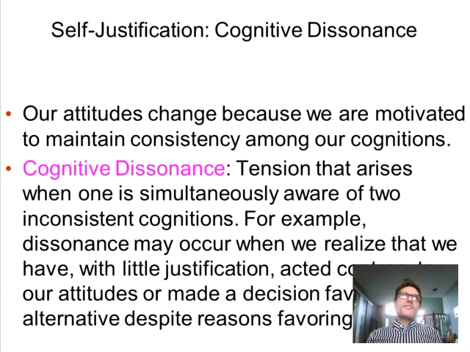Cognitive dissonance. I like to think about this kind of like drive theory that we talked about in the motivation topic. Remember, in drive theory, we have some kind of an internal system where we make a comparison. So remember temperature regulation. We had said 98.6 degrees equals the perfect body temperature.